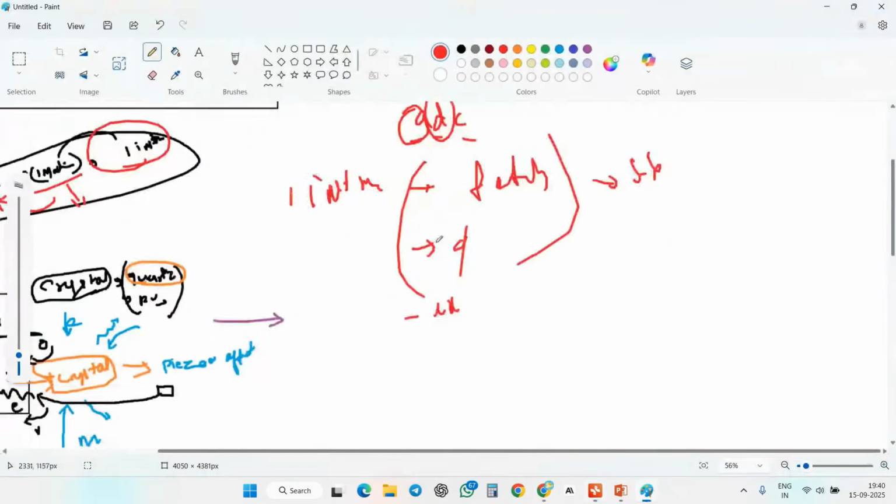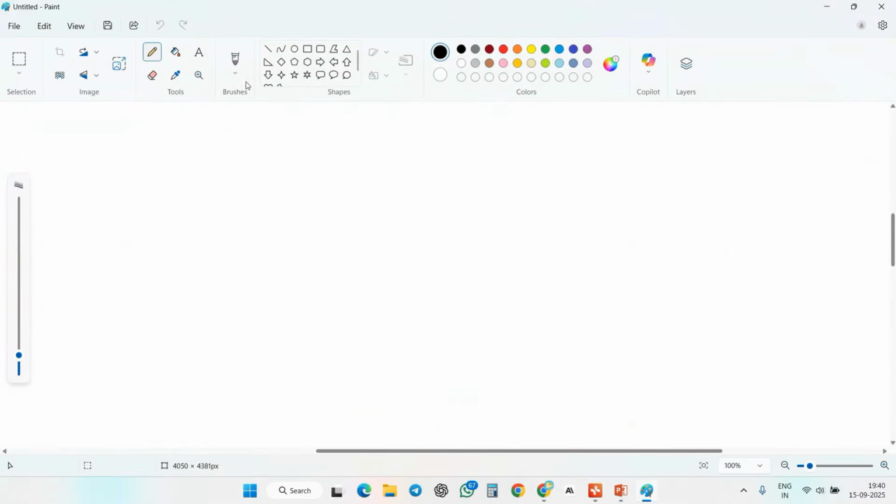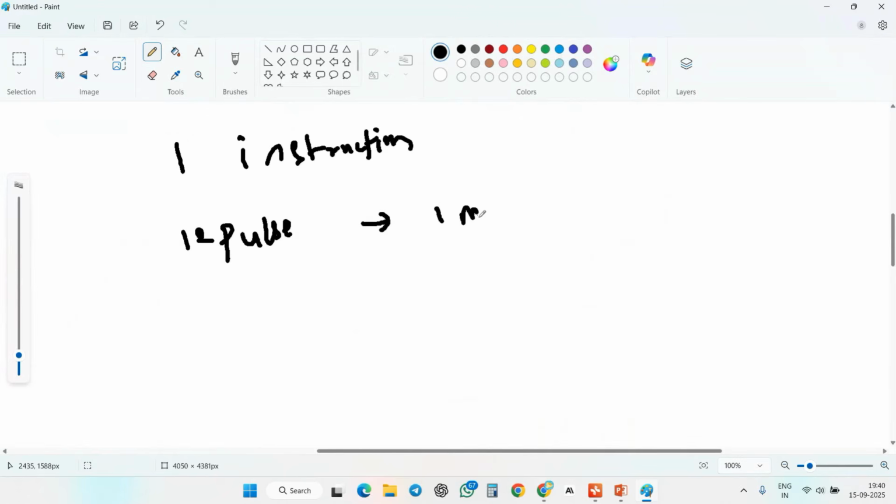That means one instruction, I'll just erase it completely. Just consider one instruction. I told you it takes 12 clock pulses, and that is one machine cycle.